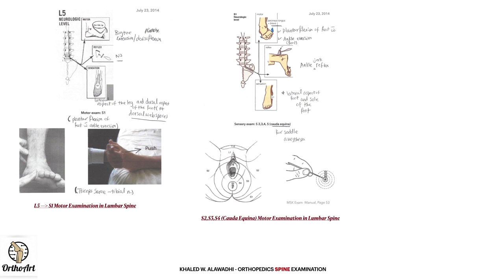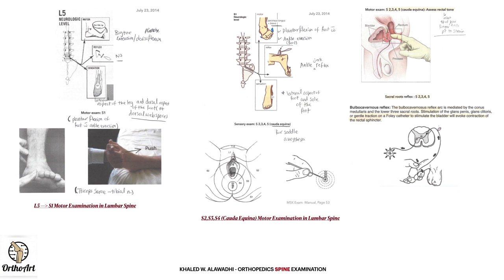So you check for anal tone examination, especially in cauda equina, which is very important, because if a patient has a problem with the anal tone examination, then this is most likely an emergency. So you have to be very careful doing it. You have to always check and confirm.